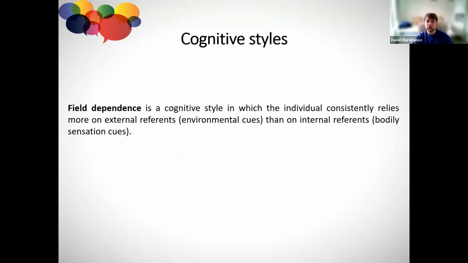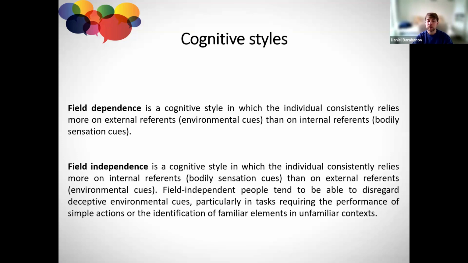So field dependence is a cognitive style in which the individual consistently relies more on external reference, so-called environmental cues, than on internal reference, body sensation cues. Basically, people with field dependence rely more on the context of the situation, and pay more attention to that.